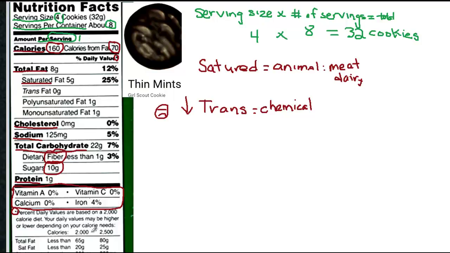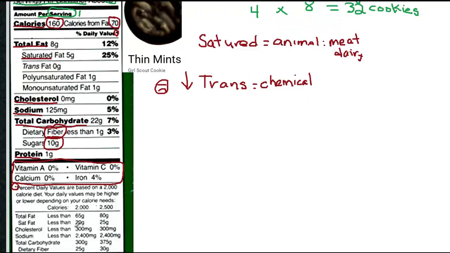So if you're somebody who eats 2,000 calories a day, then you want to have less than 65 grams of fat. For saturated fat, you want to have less than 20 grams. Cholesterol should be less than 300, sodium less than 2,400, and total carbohydrates should be about 300 grams. Dietary fiber at 25 grams.